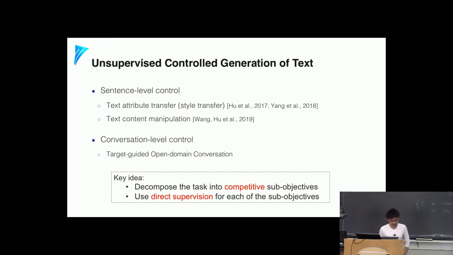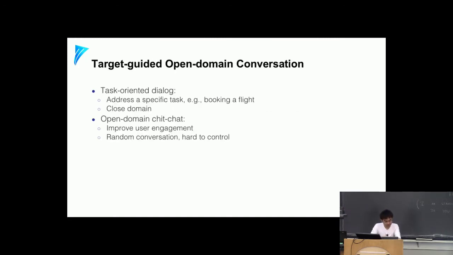Okay, so let's move on to the third instance. Now we want to control generation at the conversation level. Again, we'll still use this key idea for this task. In this project, we want to use conversational agents.